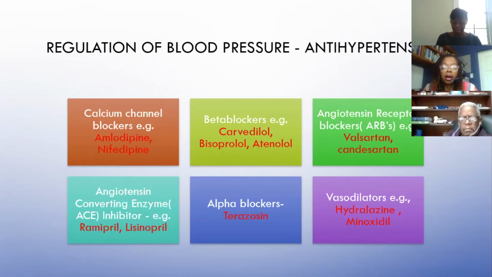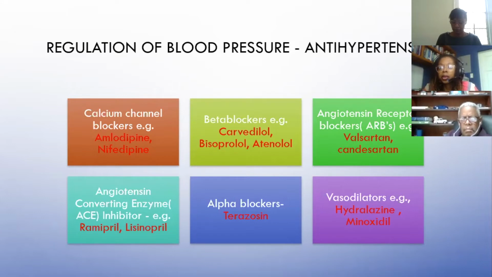So you have calcium channel blockers. Those are really things like your amlodipine, nifedipine, as I said, similar names, all ending in -ine. The beta blockers like carvedilol, bisoprolol, atenolol, again, ending in -lol.